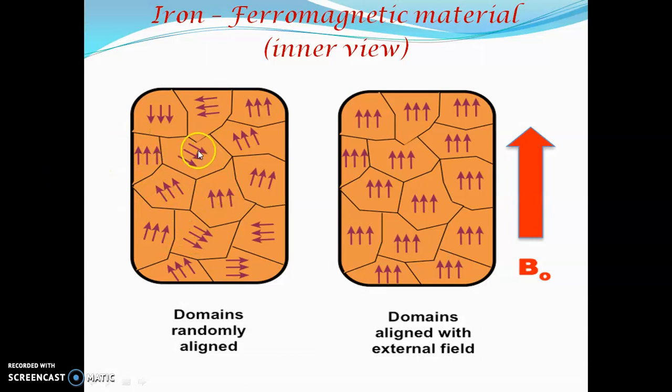This is another domain, where inside the domain all the individual atomic dipole moments are aligned in the same direction. The walls separating the domains are called domain walls. Another name for the domain wall is Bloch wall.